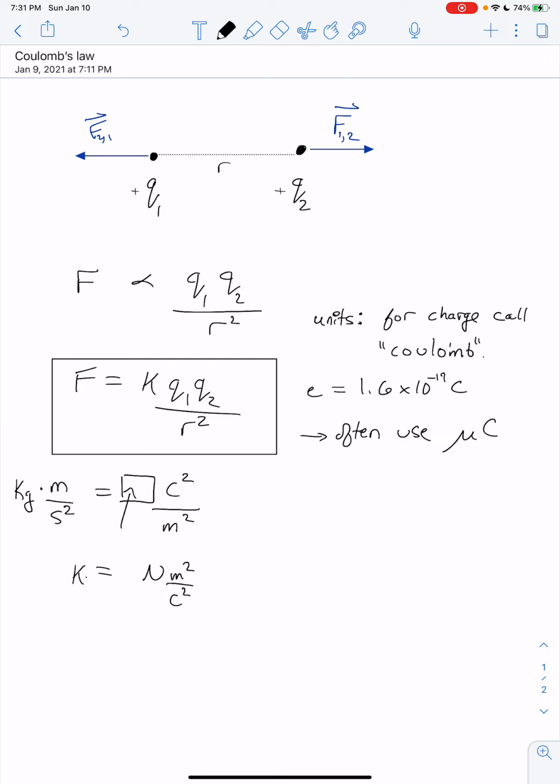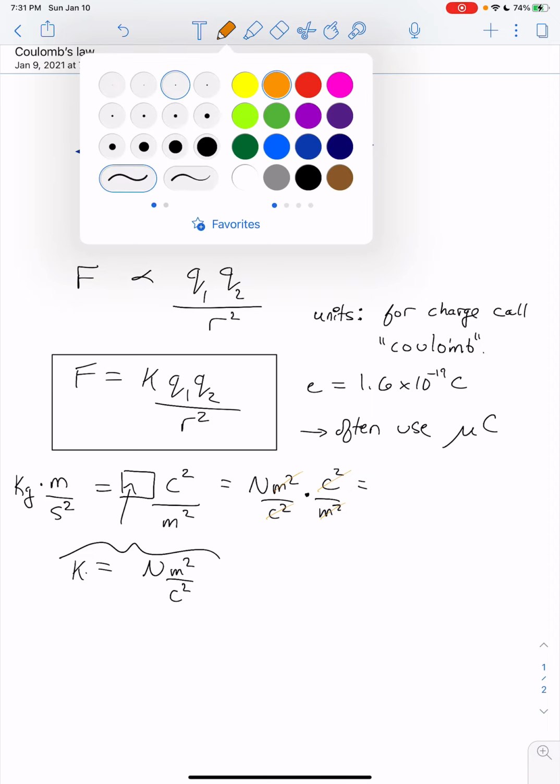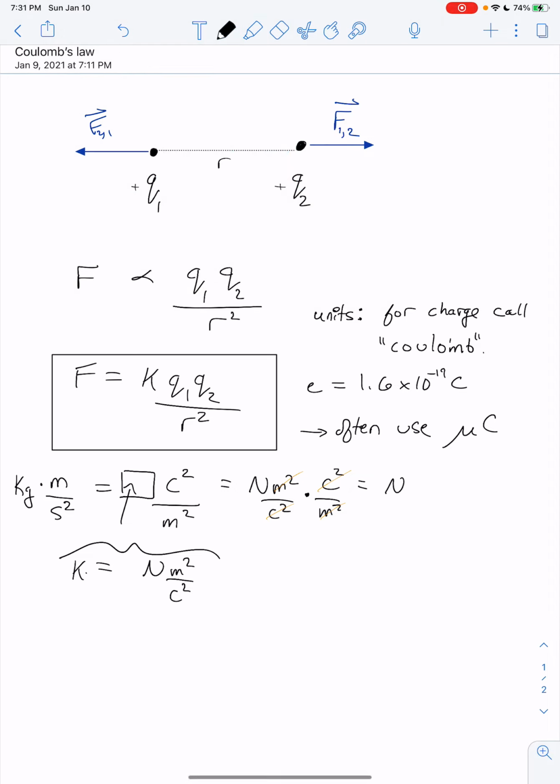If we write all this in, then this side of the equation will end up being newtons meters squared per coulomb squared times our existing units, and the coulombs cancel, the meters cancel, and what we're left with is indeed newtons.